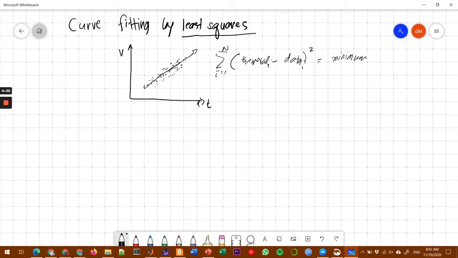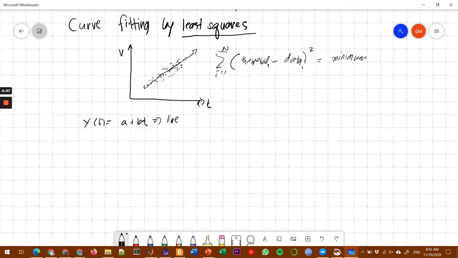So for the special case of a line, we have our theoretical value given as y of t equals a plus bt. Right? That's the equation of a line. This is our theoretical line, our theoretical equation.